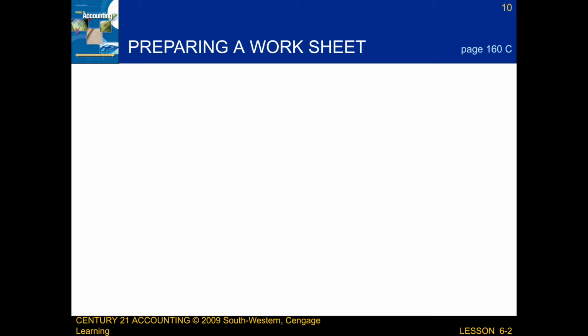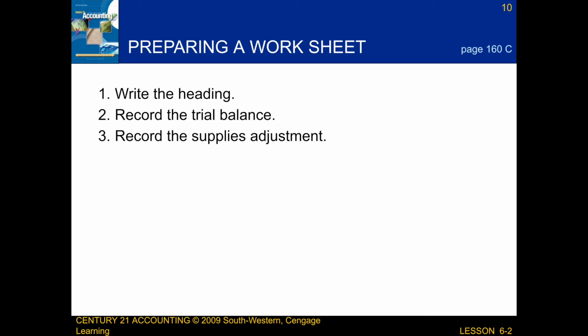Next we're going to be talking about preparing a worksheet. When we prepare a worksheet, there are a few steps that we follow when doing this process. First, we write the heading. Next, we record the trial balance. Then, we record the supplies adjustment. After that, we record the prepaid insurance adjustment.